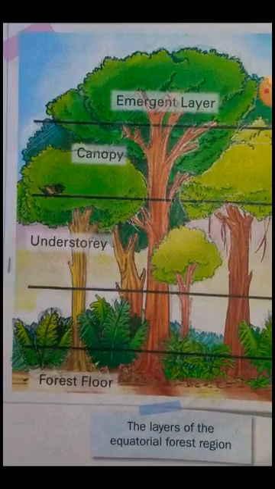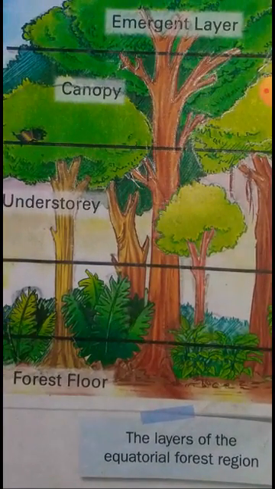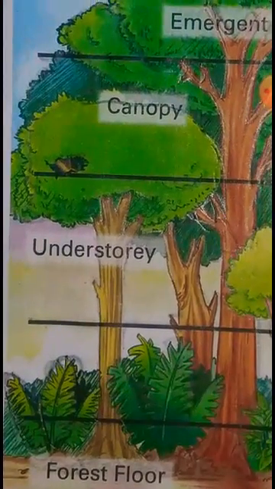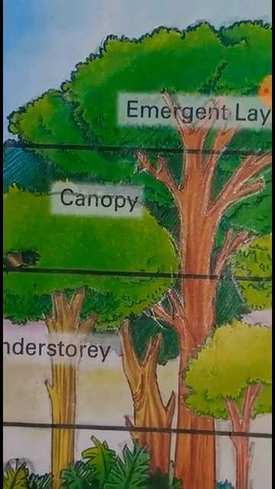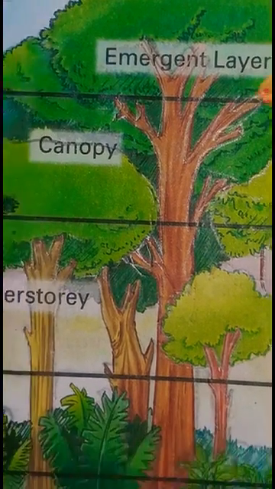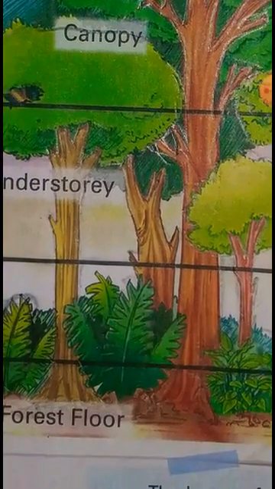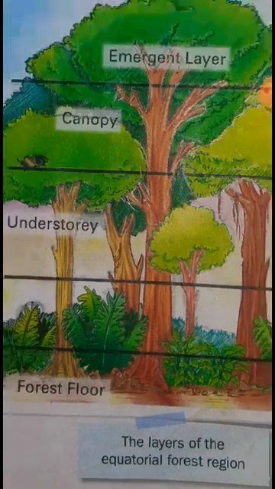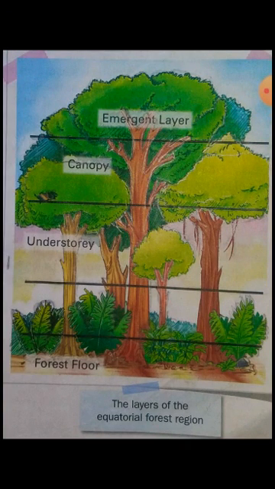Here you can see 4 layers: forest floor, understory layer, canopy and emergent layer. These are the 4 layers of the equatorial forest region.